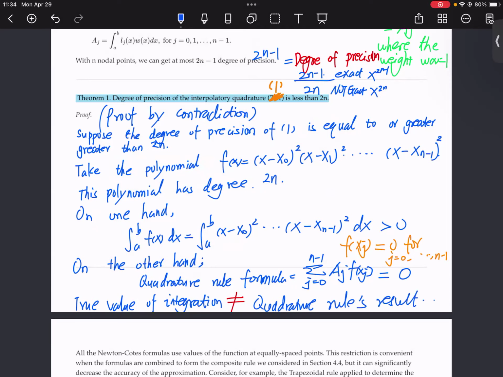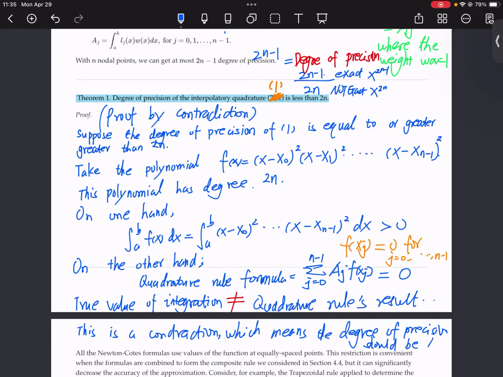And this is a contradiction, which means the degree of precision should be less than 2n. And that's it. That's what we want to conclude here.